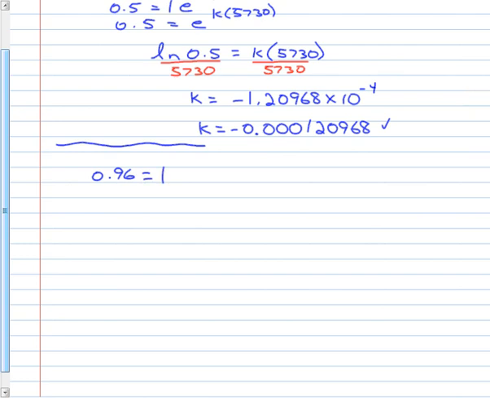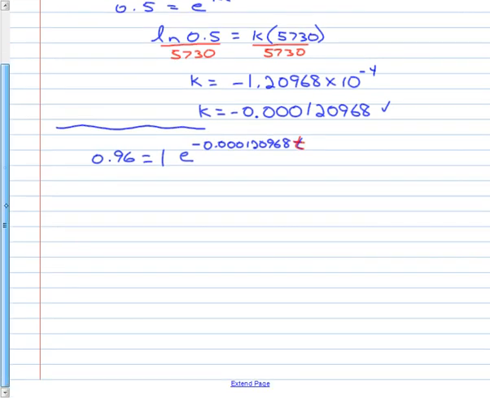We started with 1, e to the k, which I now know, negative 0.000120968 times t. And we're just trying to solve for the t, which is up in the exponent, so it's the same process. Now dividing by 1, it's gone. Change it to a logarithm. Natural log of 0.96 equals our exponent.